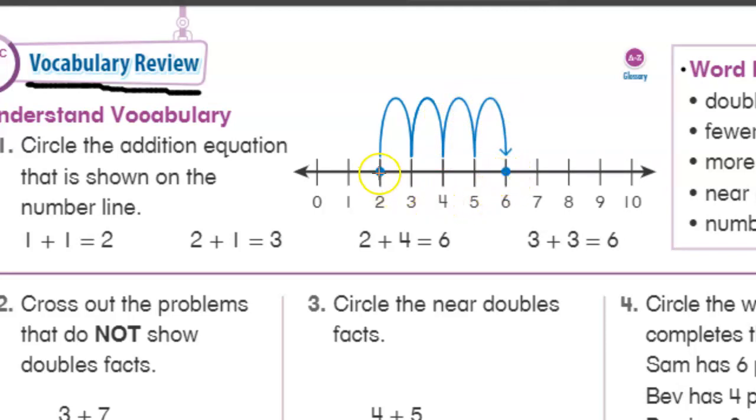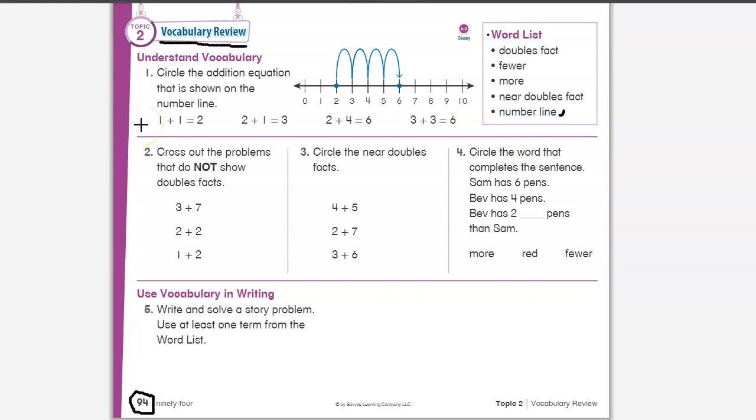So we went from 2 and we jumped to 3, 4, 5, to 6. It wants us to circle the addition equation that is shown on the number line. Well, we know we started with the number 2, and then we added a number to get to 6.